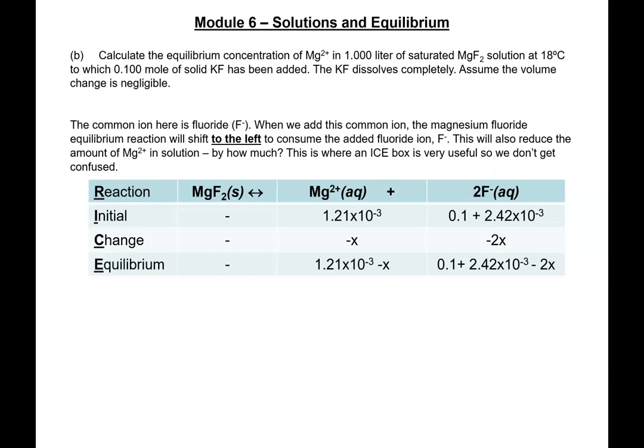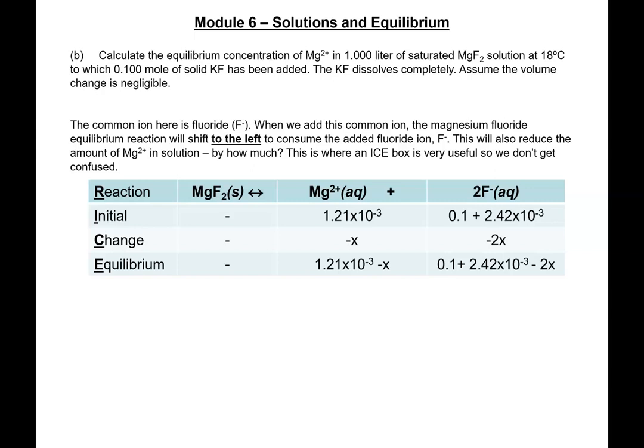If I add a common ion, Le Chatelier's principle says that the reaction shifts to alleviate the stress that's put on it. I've stressed the system because I put another ion in there that I already have. So now that equilibrium shifts back to the left, which is going to consume some of the magnesium. So we write that as a negative quantity.